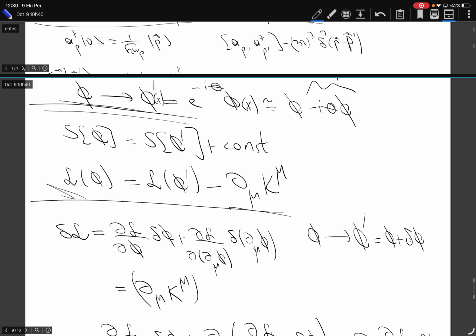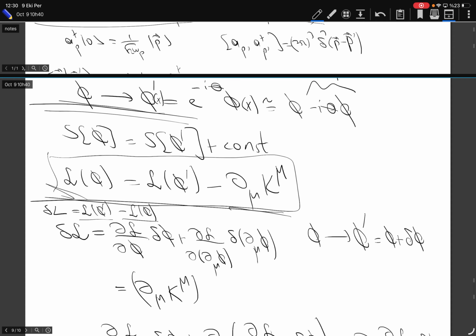Okay. Let me write it more explicitly. What I mean by delta L is L of phi prime minus L of phi. This is what I mean by delta L. So I'm not taking this equation and looking at the variation of that equation. That's not what I'm doing here. I'm just changing my fields, so I'm obtaining L of phi prime, and then subtracting the original Lagrangian from what I obtained.